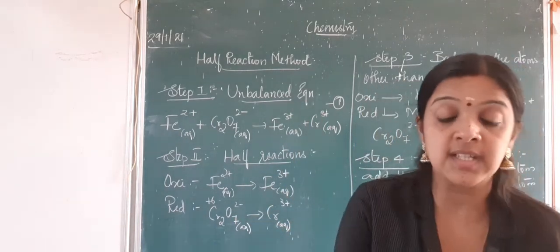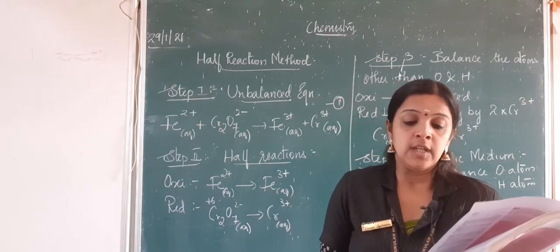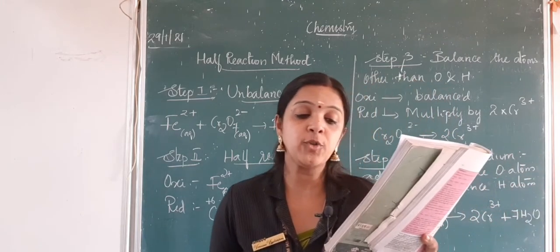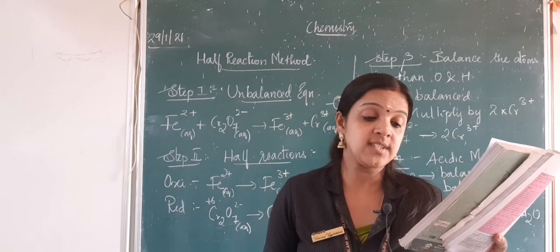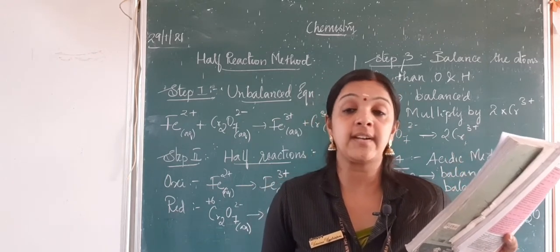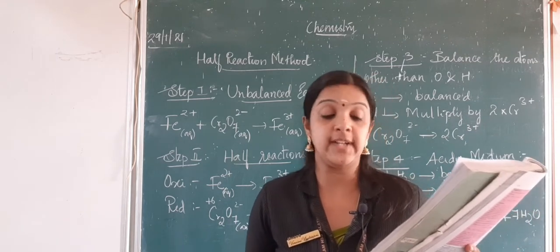See, in the question it is given, I'll just read out the question for you. We have to balance the equation showing the oxidation of Fe2 plus ion to Fe3 plus ion by dichromate ions in acidic medium, wherein dichromate ions are reduced to Cr3 plus ions. Page number 275.